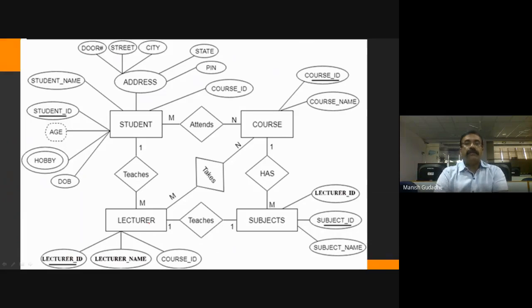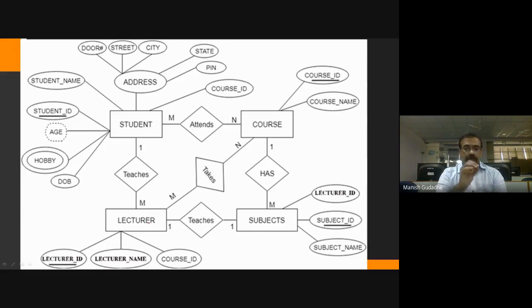But we will avoid any entity which is not having any association with any of the other entities. We cannot have a single entity which is not connected to any entity; it is not a good component to participate in the database management system.